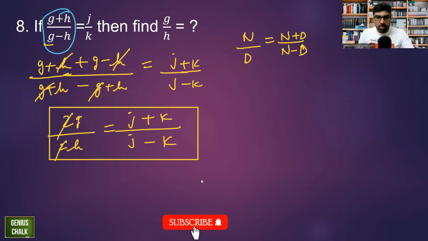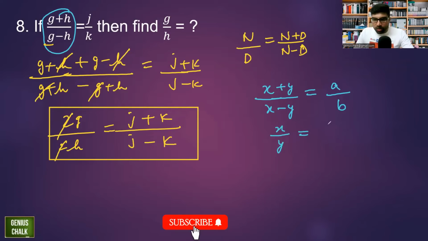For the time being, remember it like this: if there is any ratio, let's say (X plus Y) by (X minus Y) is given as A by B, then always remember X by Y will be equal to, applying componendo dividendo, (A plus B) by (A minus B).